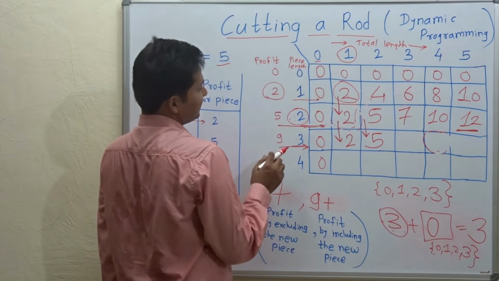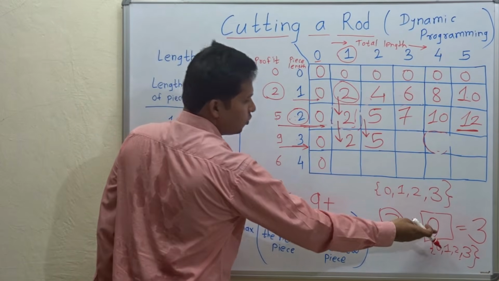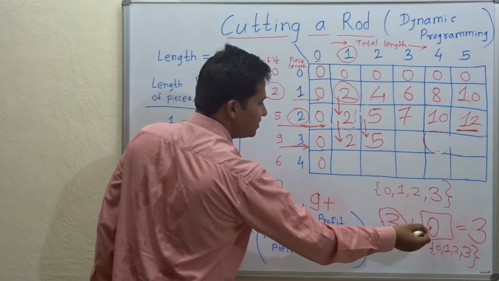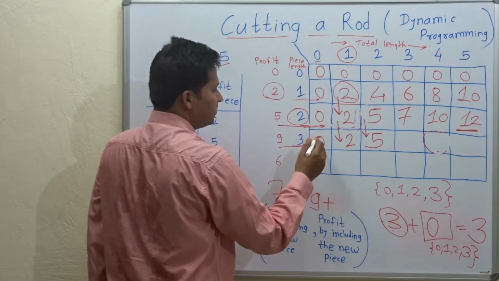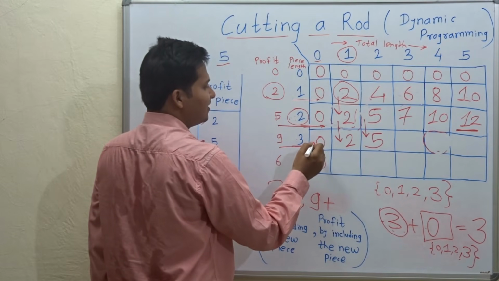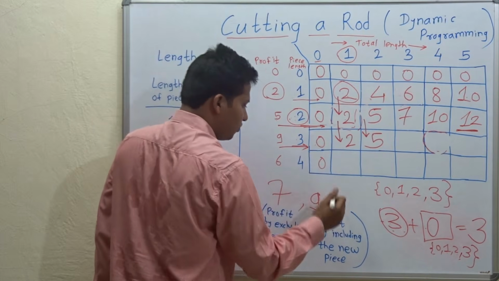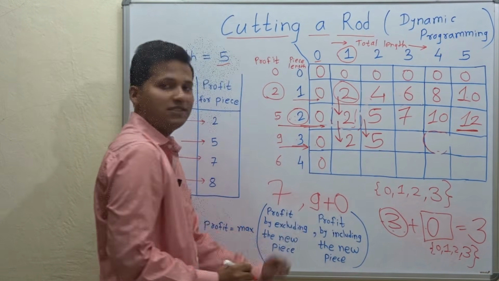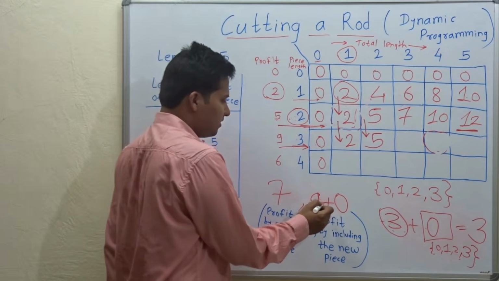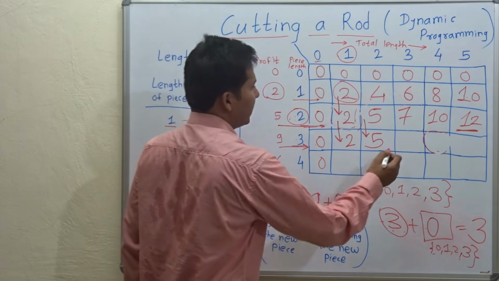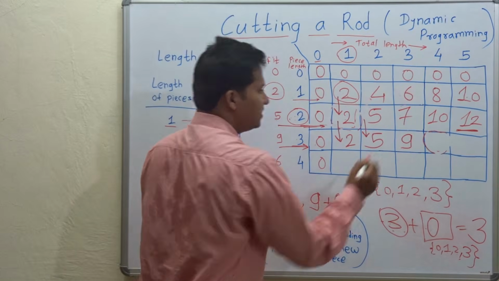So if you want to make a total length of 0, just go to the 0th column. So the 0th column is here for this row, so the profit is 0. So 9 plus 0 is 9. So what is max of 7 and 9? 9 is the maximum. So the profit is 9.